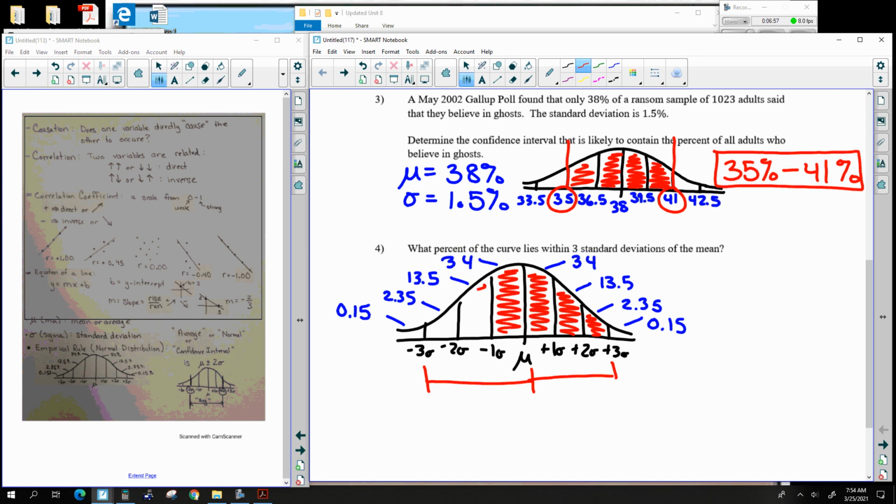This is what it means to be within. So it would include the percentages of this 2.35, 13.5, 34, 34, 13.5, and 2.35. That's everything that it would include. So what you do is you add all of those up.